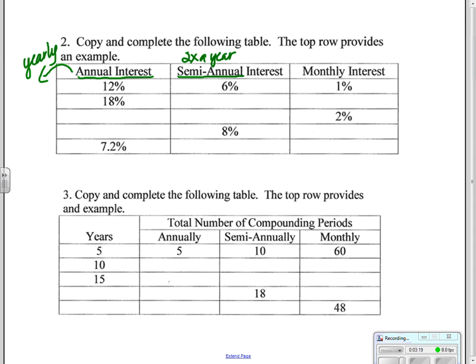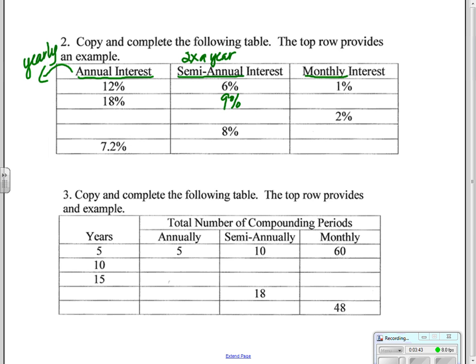So they take your 12% and they divide it by 2, which makes sense. 12% annual interest rate would be a 1% monthly interest rate. Okay, let's go with the 18%. How much would we get semi-annually if they sat down twice a year and calculated how much money is now in your account? They would do 9% both times.